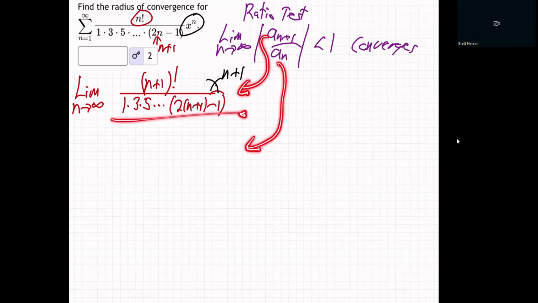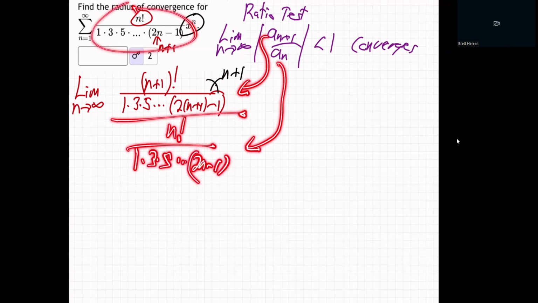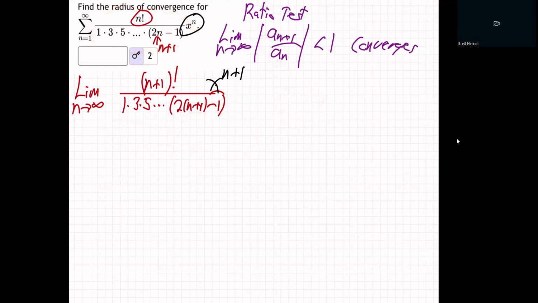Now, what's a sub n? That's going to be the exact same thing with n: n factorial over 1, 3, 5, and so on, up to 2n minus 1. But let's just flip it up, because with a fraction over a fraction, you take the bottom fraction and flip it up, because dividing is upside down multiplying. So we'll do that, times the upside down.